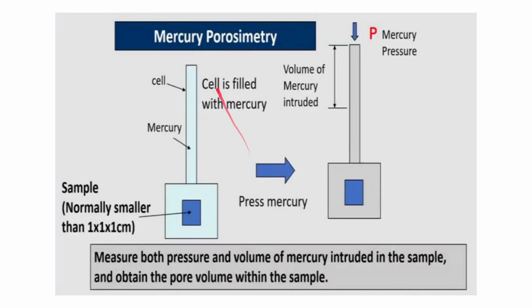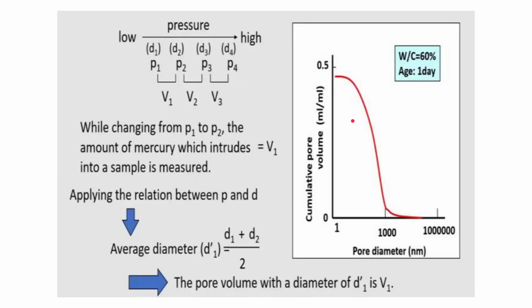And this is the apparatus where the cell is filled with mercury, and mercury pressure is applied from top. So it measures both pressure and volume of mercury intruded in the sample and obtains the pore volume within the sample. So the pressure gives the diameter, that is the pore size, and volume gives the pore volume.